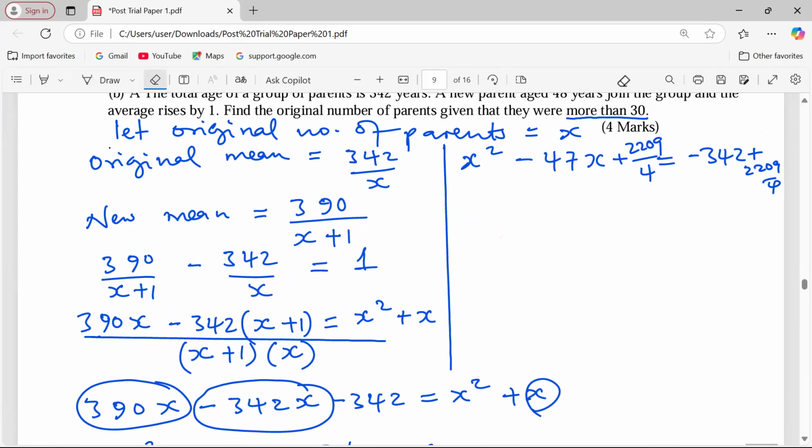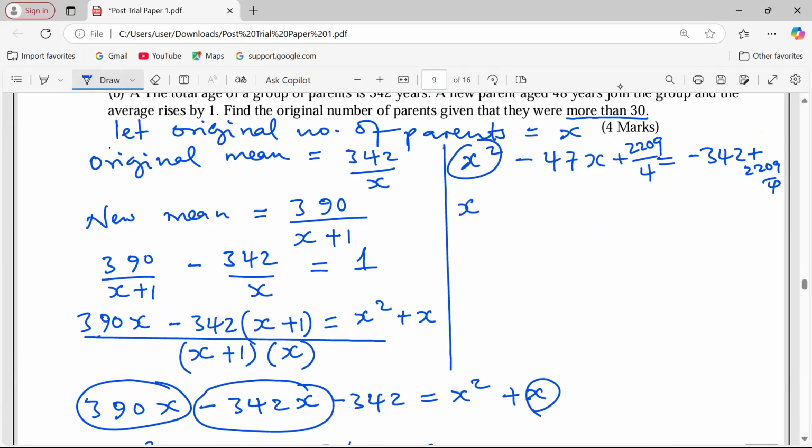Then as we add the right hand side, we shall factorize the left, which is already a perfect square. So square root of x squared is x. The sign that follows is a minus. Square root of the other part is 47 out of 2.